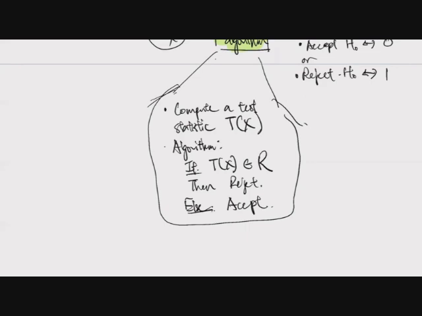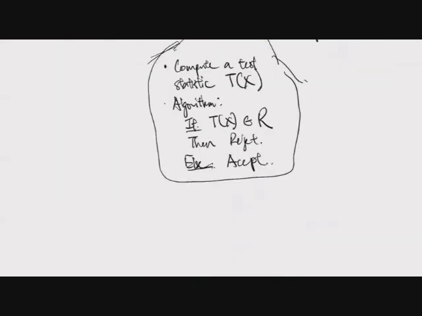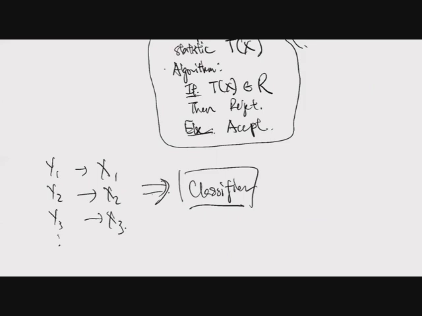So going back to this diagram here, you don't just have one class and one image. You instead will have many samples. Each one of them is going to generate an image. And then every image you put into the classifier, and the classifier is going to give you a label for every image.